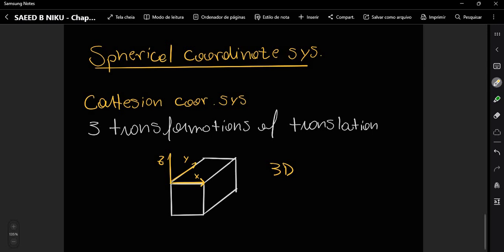Here these transformations of translation can be done. And this is for the Cartesian coordinate system.